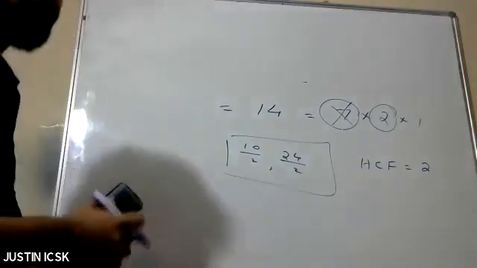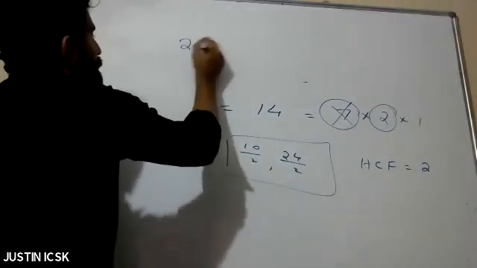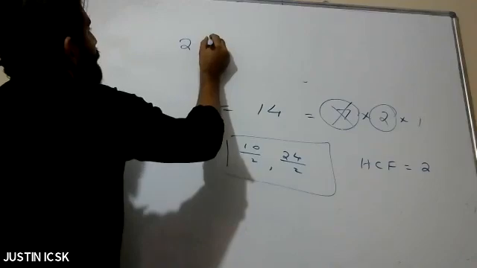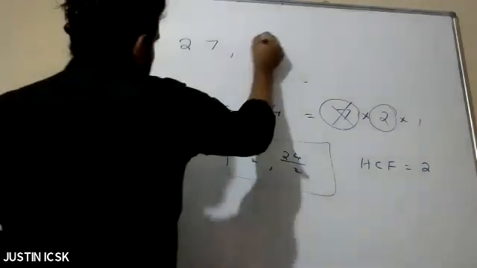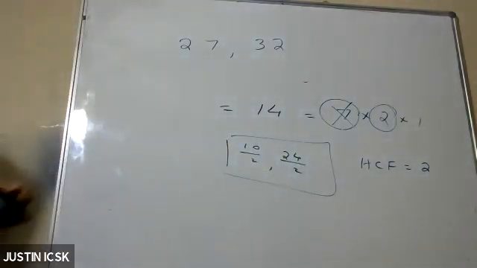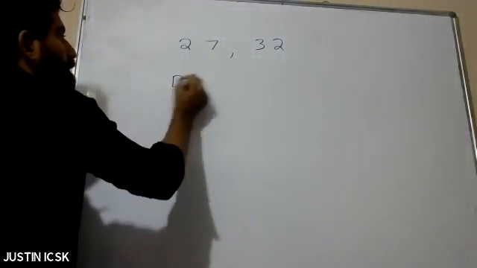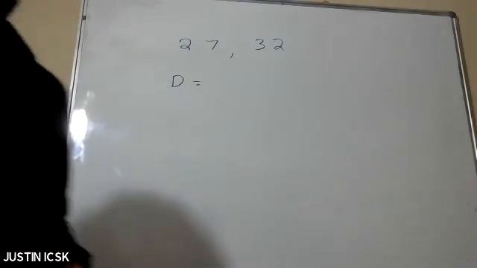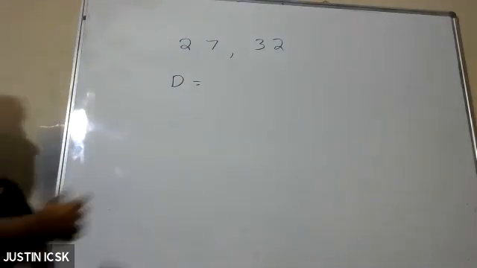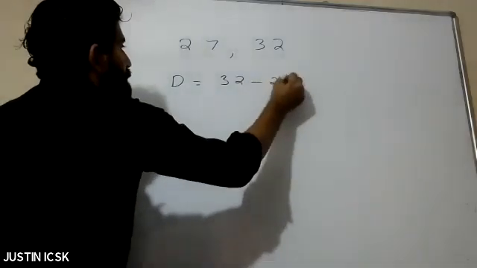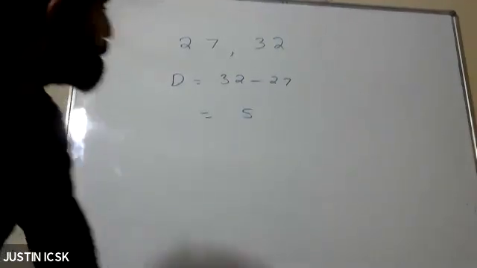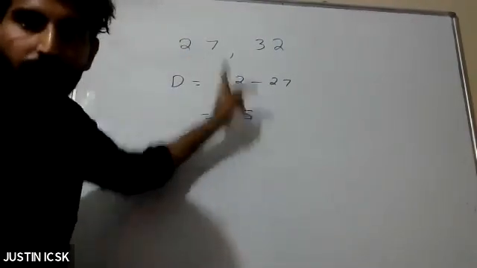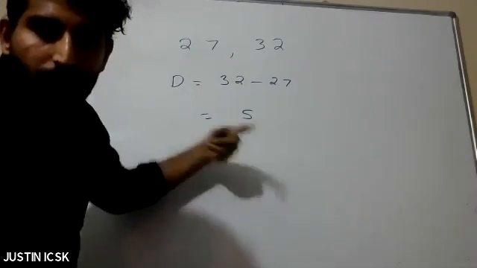One more: 27 and 32. First the difference: 32 minus 27 is 5. I hope everyone is getting 5. 27 by 5 is not possible, so leave it.